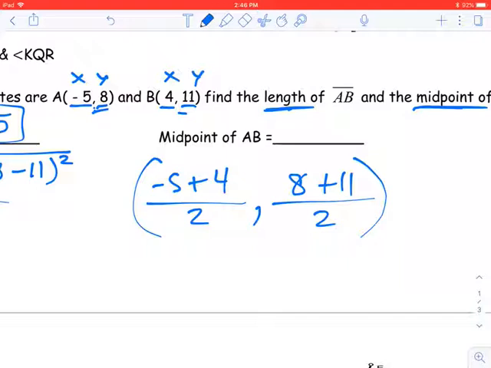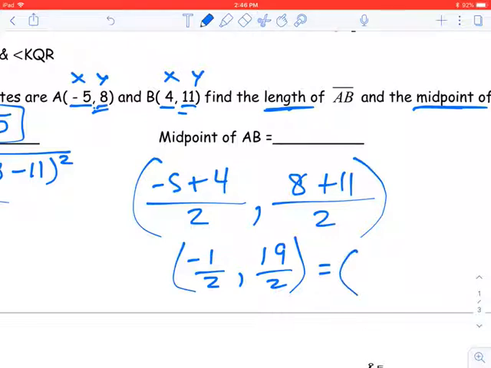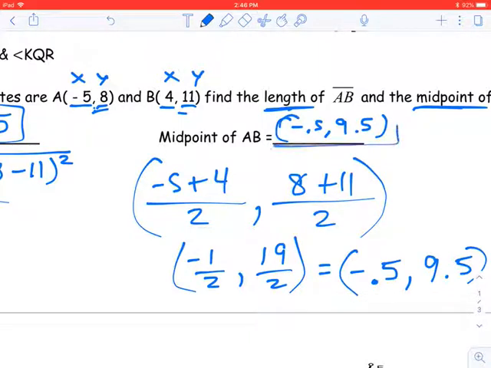And so for the x, it's negative 1 over 2. And then 8 plus 11 is 19 over 2. And again, we can just go ahead and get decimals. That's negative 0.5. And then 19 divided by 2 is positive 9.5. So negative 0.5, 9.5, and that's my midpoint.